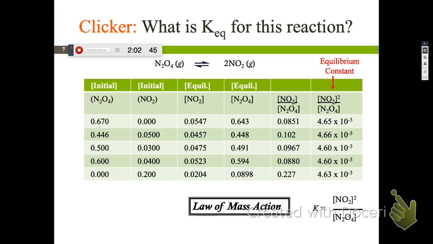One way to think about that: 4.66 times 10 to the negative third is our equilibrium constant. We're thinking about the ratio of products over reactants. You can say 1 over 4.66 times 10 to the third. So for every one product, there's 4,660 reactants.